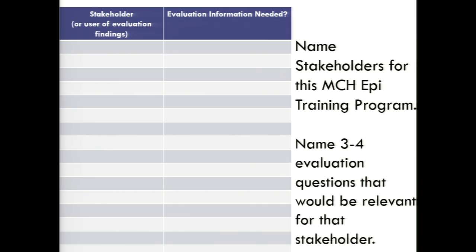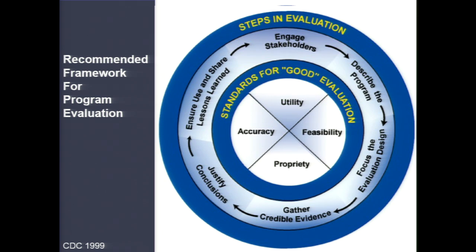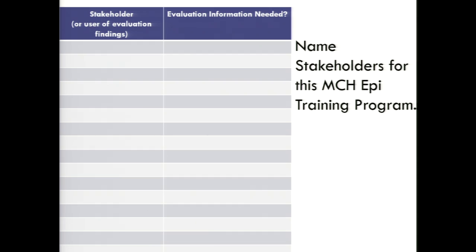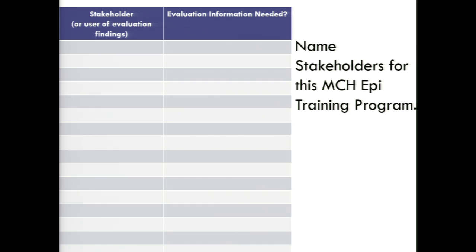Excellent. Okay. Let's think about our bosses or the people who sent us here. And let's think now, and we're going to have a discussion about this. What are 3 to 4 evaluation questions that our bosses might have about this program?